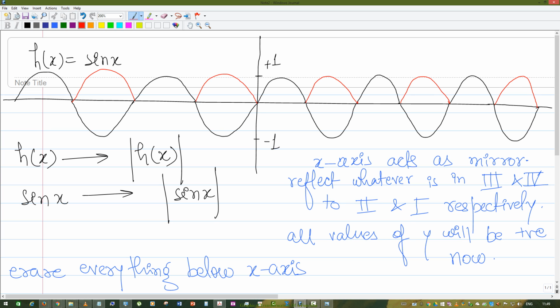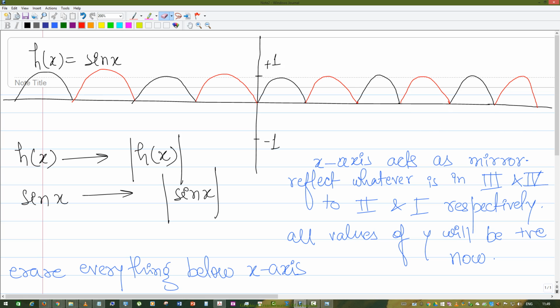Whatever is in the third and fourth quadrant is reflected back to the second and first quadrant through the x-axis, and the x-axis acts as a mirror. And now whatever is there in the third and fourth quadrant, we will just erase it.